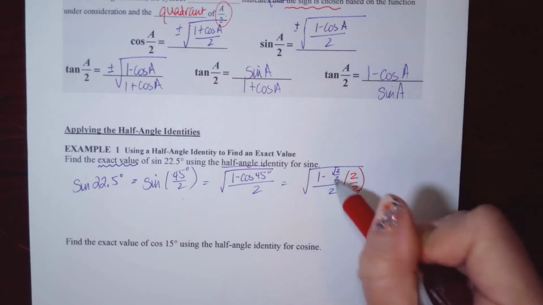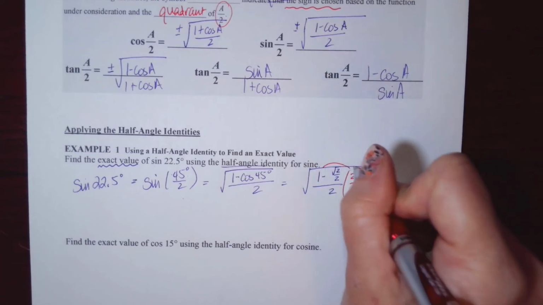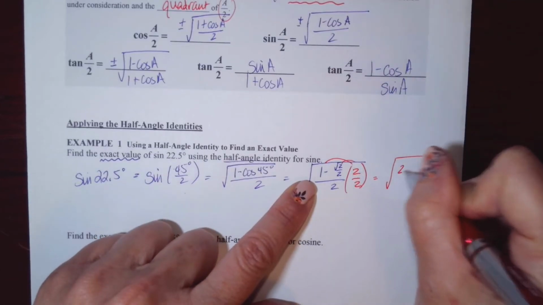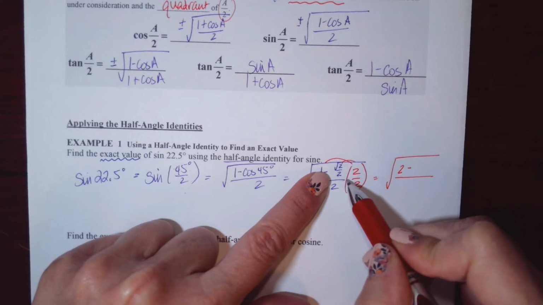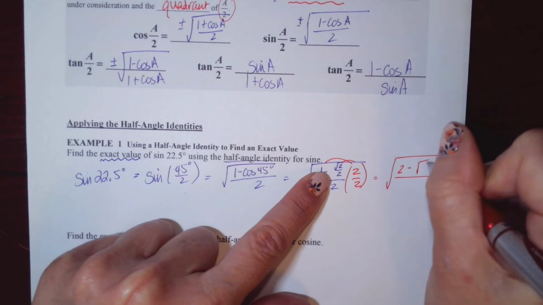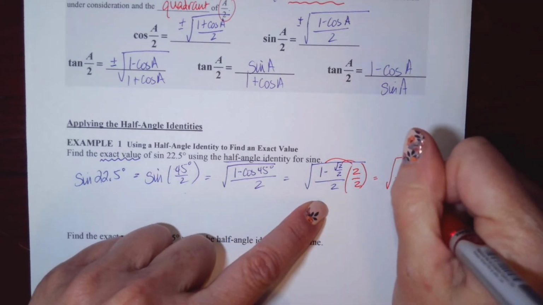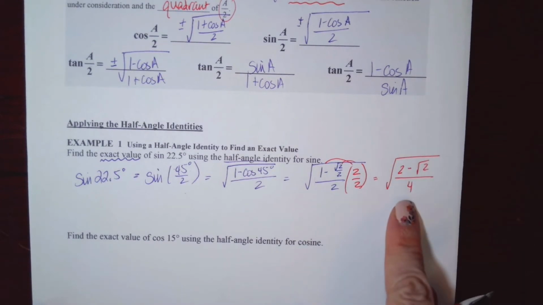So I'm going to multiply underneath my radical by 2 over 2. When I distribute this, I get 2 times 1 is 2. This is going to cancel out that 2 here and leave me with just 2 minus square root 2 in my numerator. 2 times 2 is 4. That's my denominator, and all of this is underneath that square root.